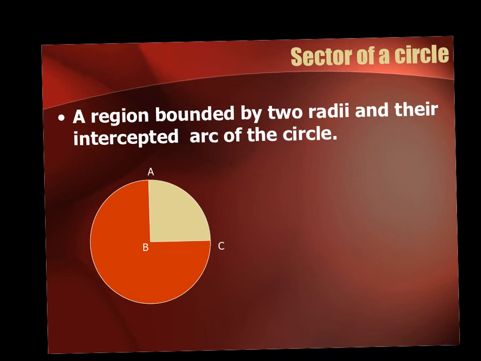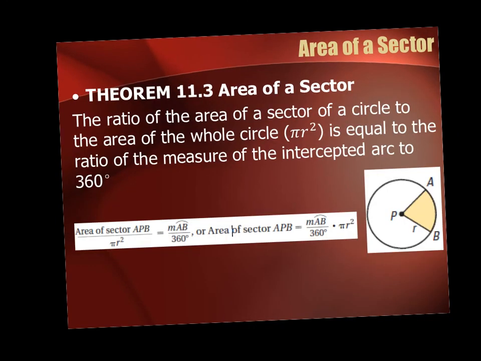So the two sides are the radii, and then the outer bound of it is the intercepted arc. All right, so the next equation is the area of a sector, okay, which is the measure of the arc over 360 times the area of the circle instead of circumference, which is pi r squared.